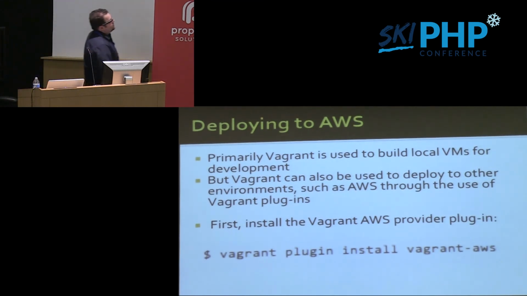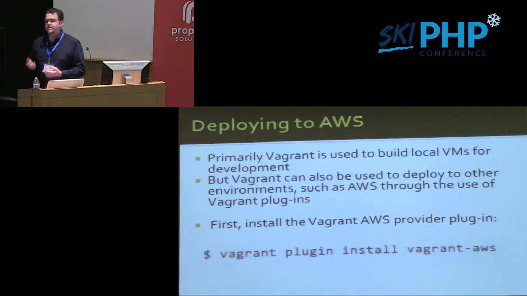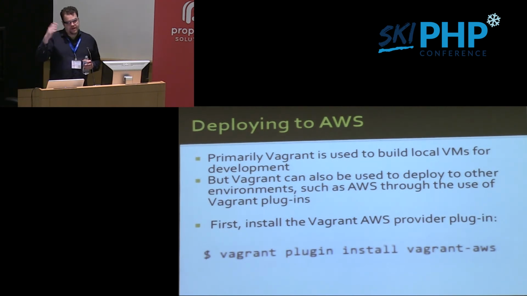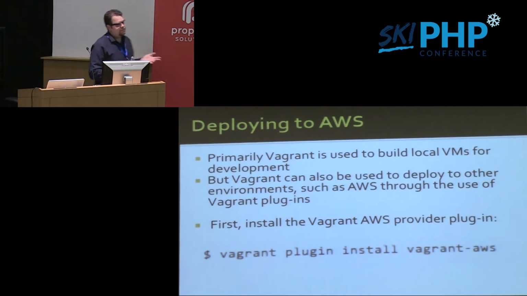So that's deploying locally. That's creating a virtual machine on my local box. What if I want to build this thing into AWS? Well, I already showed you in the Vagrant file how you can define a different environment, and if you look at that example in GitHub, you'll see here's how I create an AWS VirtualBox. In order for that to work, though, you're going to need a plugin.